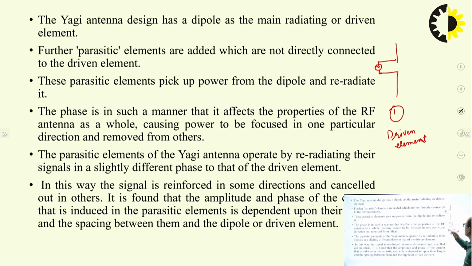Clear? The second element, which is connected behind this driven element, is known as the reflector, and the third element is placed in front of the dipole antenna or driven element.